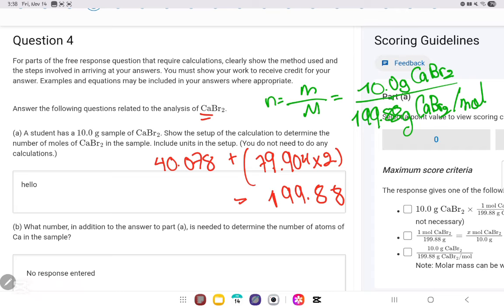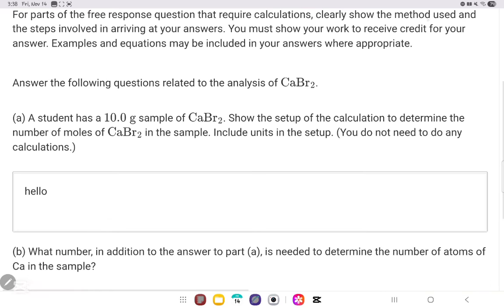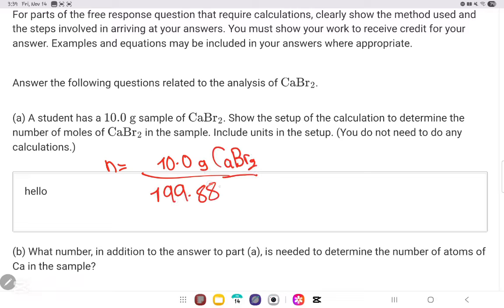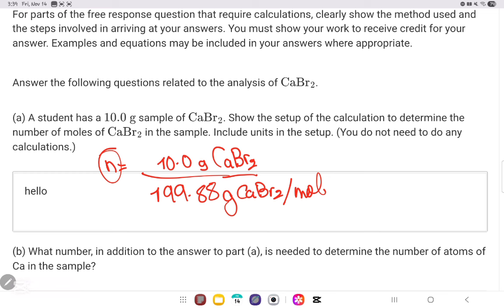So you need to be very specific in the exam to get the mark. It seems easy, but there are so many tricks. You should write 10.0 grams of CaBr2 over 199.88 grams of CaBr2 per mole. You will get the number of moles n.